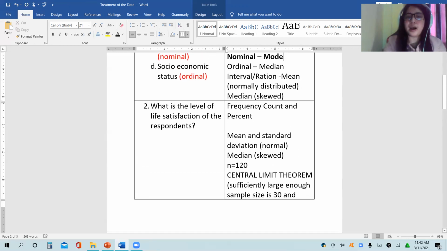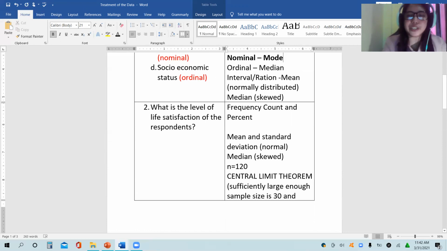Okay, so let's go back. So as mentioned, initially we stated that mean and standard deviation or median will be used, which depends on whether the data is normal or skewed. So generally, if we just look at the problem level of life satisfaction and we are going to use the actual level of life satisfaction, then the data is ordinal.